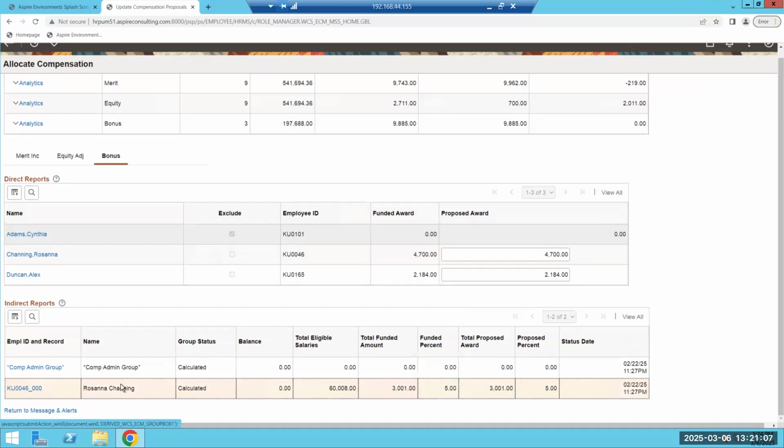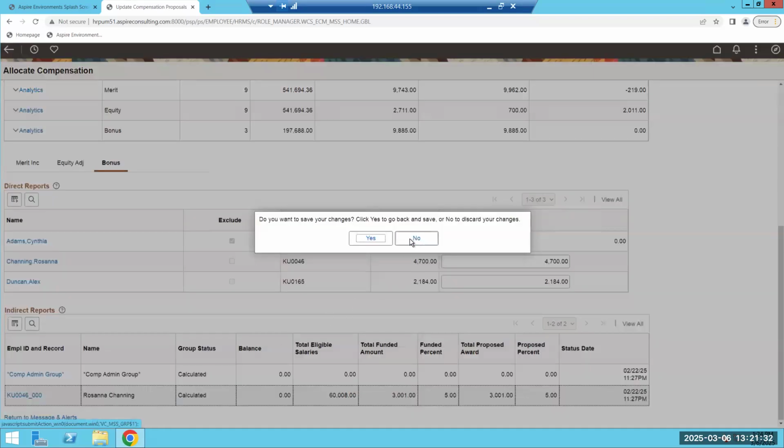Before a particular level can submit their planning, all of the managers below them have to have submitted theirs. So it's very much start from the bottom and go up, is the way the compensation cycle is set up.